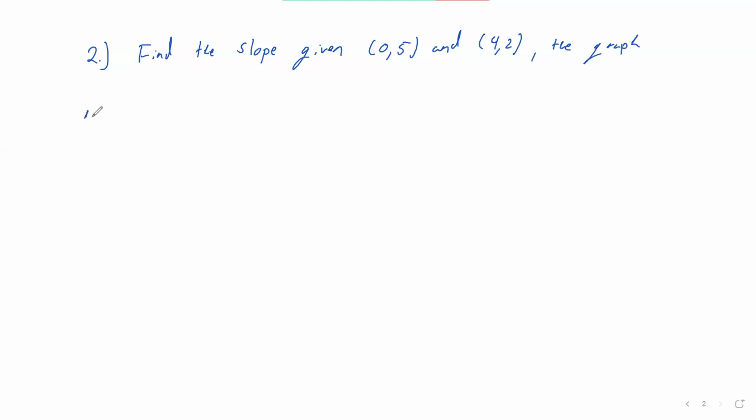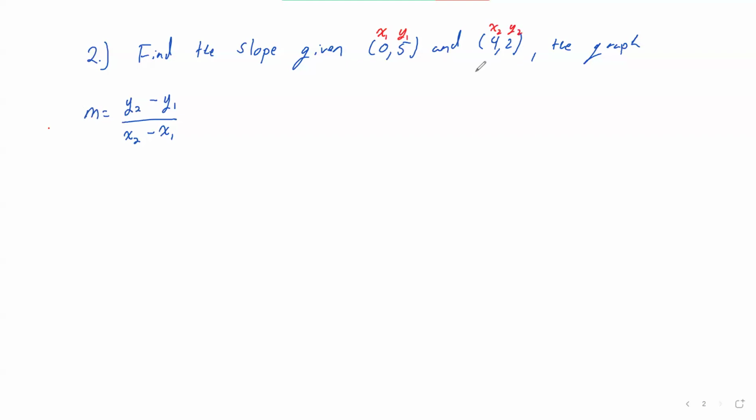So again, my slope is m. And then the formula is y2 minus y1 over x2 minus x1. To help me out, I like to label. I'll call the first point x1, y1, second point x2, y2.